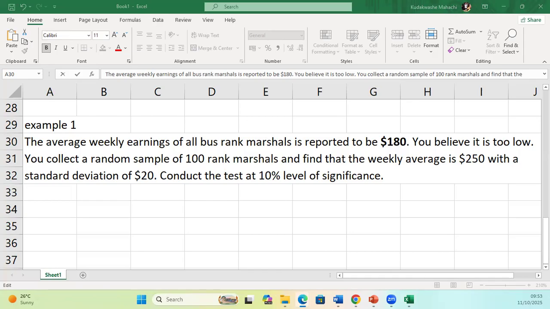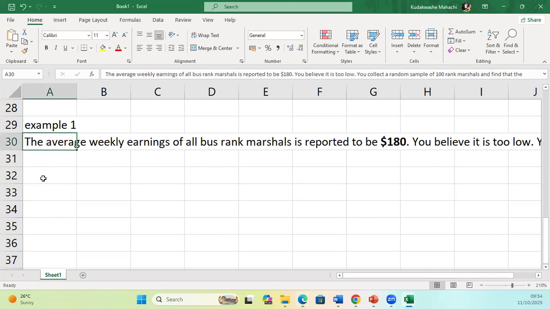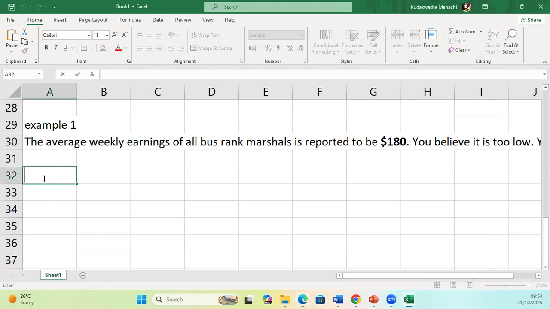H naught is supporting what is there. So H naught, the null hypothesis, is saying, okay, on average, each bus rank marshal gets 180.